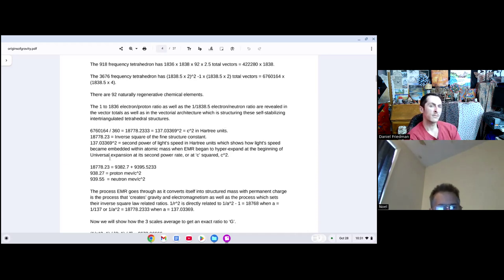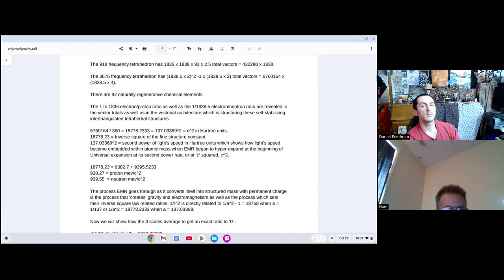So this number here, 137.03, to the second power, is the second power of light speed in Hartree units. And that shows how light speed as a second power became embedded within atomic mass when EMR began to hyperexpand at the beginning of universal expansion at its second power rate, or at c squared.